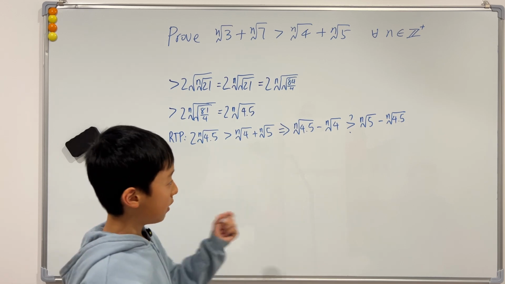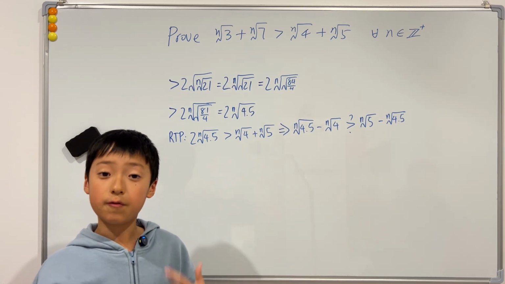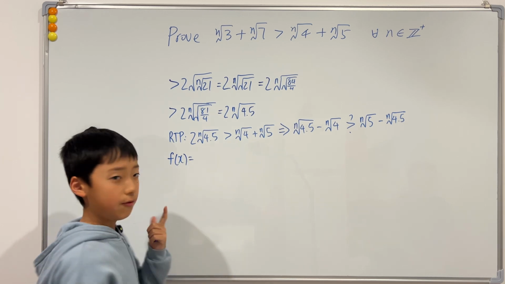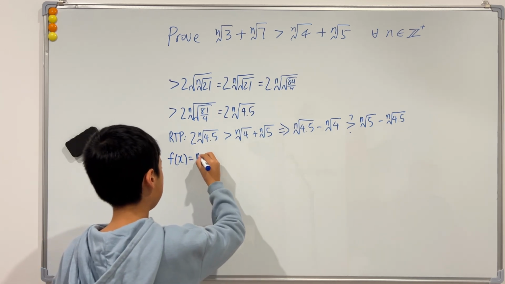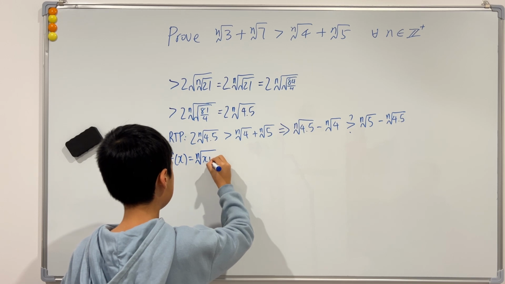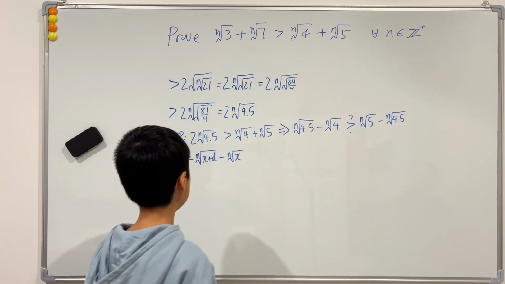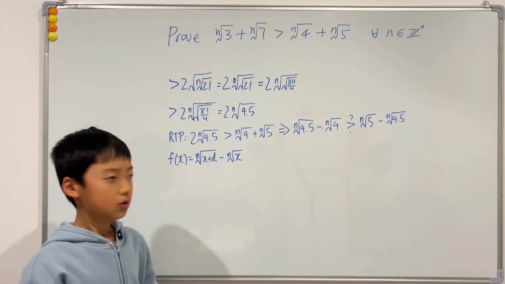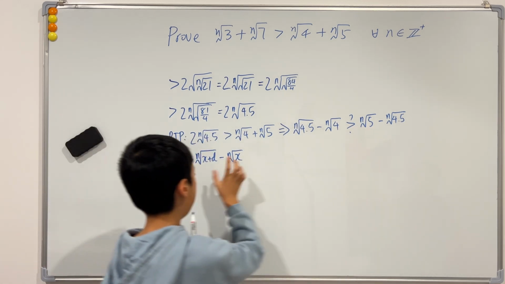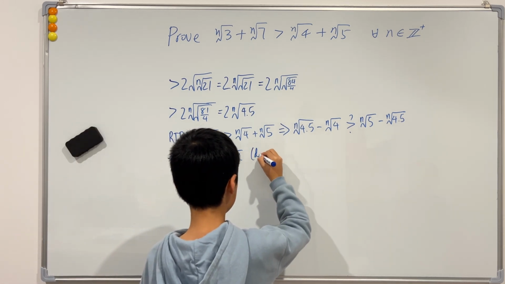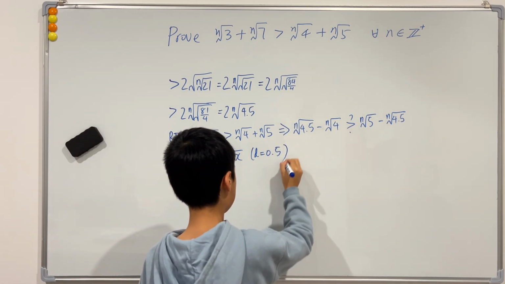So right now, I'm actually going to create a function and you'll understand why. So my function is going to be f of x equals the nth root of x plus d minus the nth root of x. Look, both of these sides follow this function. And in our case, d is just equal to 0.5.